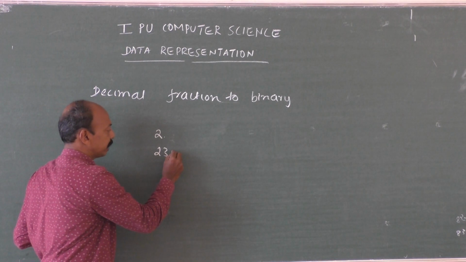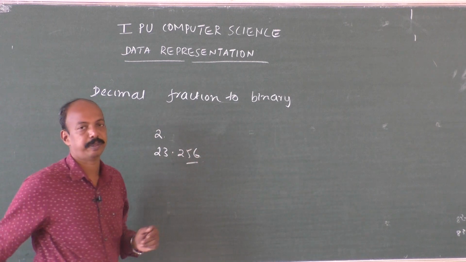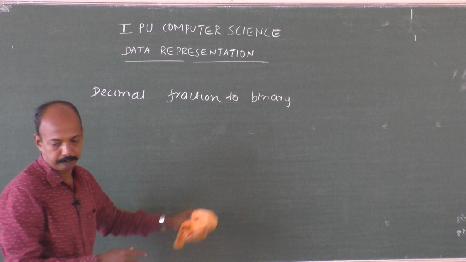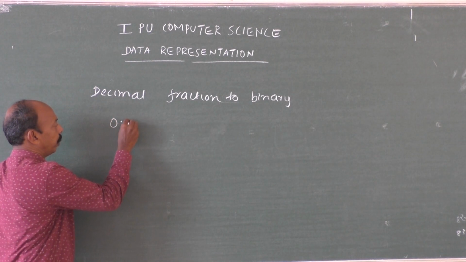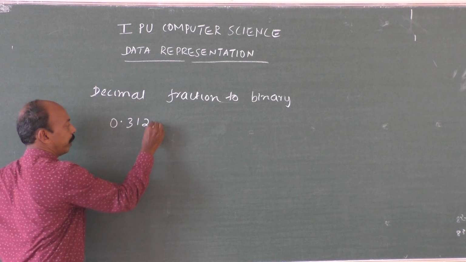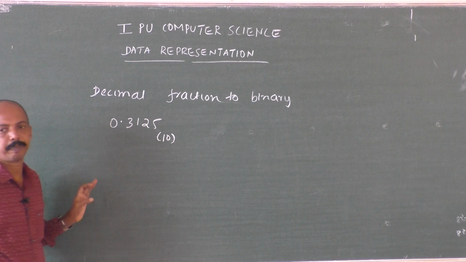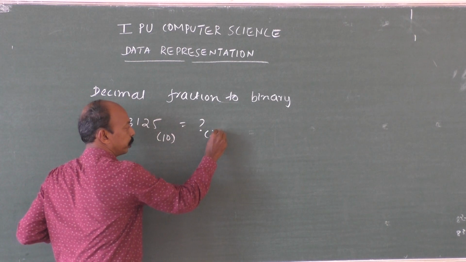Suppose we have something like 2.56. This is called a fraction. So we shall take one example. 0.3125 to the base 10 is how much to the base 2?